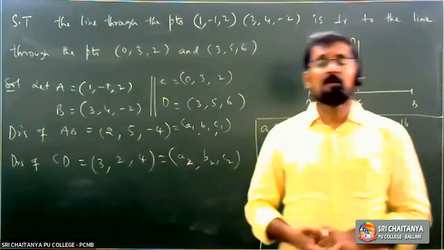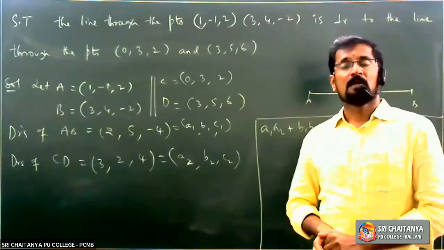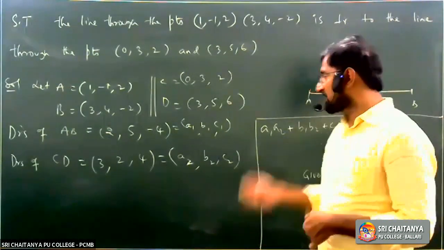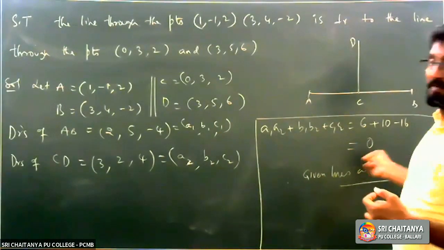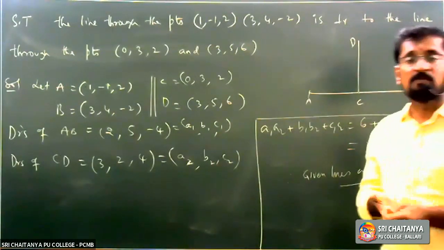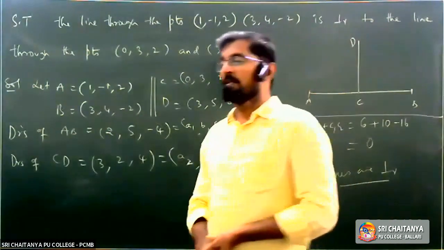After that, to show that the two lines are perpendicular, I found the value of a1 a2 plus b1 b2 plus c1 c2. I got the value 0, so the two lines are perpendicular to each other. Okay, copy this one slowly.